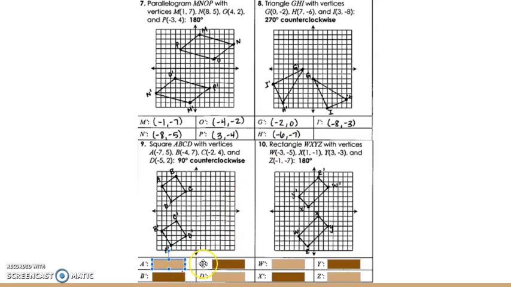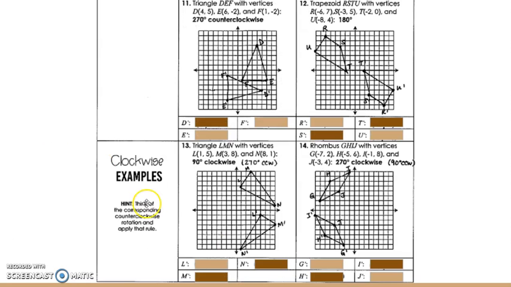With a 90-degree rotation, we are doing negative y comma x. And for 270-degree rotation, we are doing y comma negative x. So we're flip-flopping things and then turning things into negative and or positive. 11 and 12 are also examples that I am just going to show you so you can check your work.